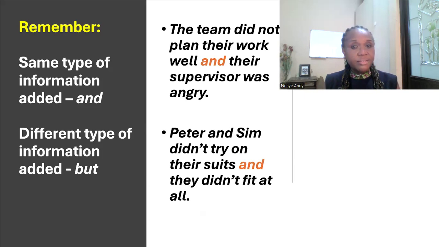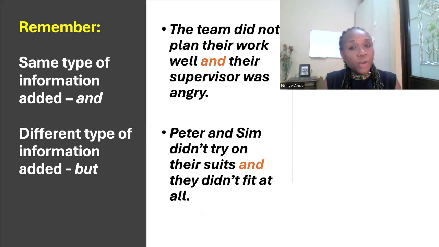Let's look at these examples. The team did not plan their work well. Negative. Their supervisor was angry is to be expected. Both negative, and can join them, can link them, no problem.